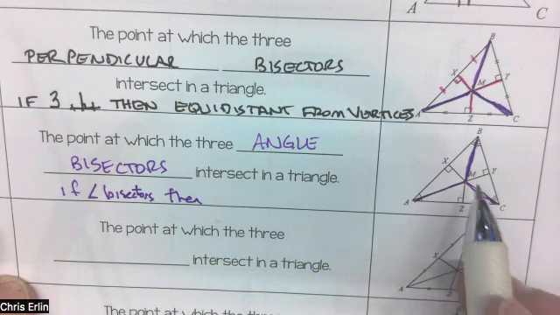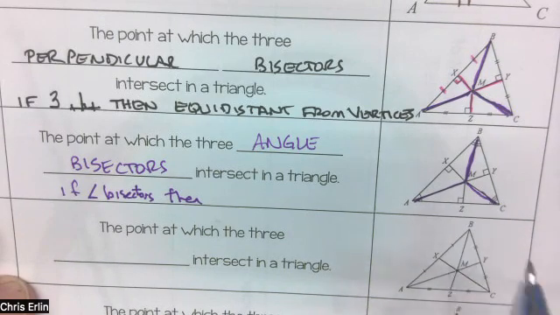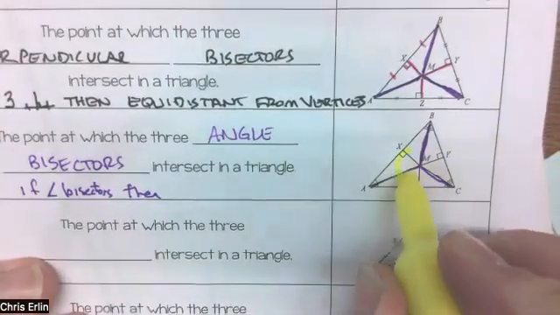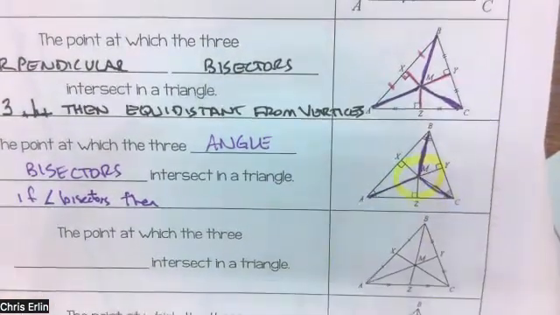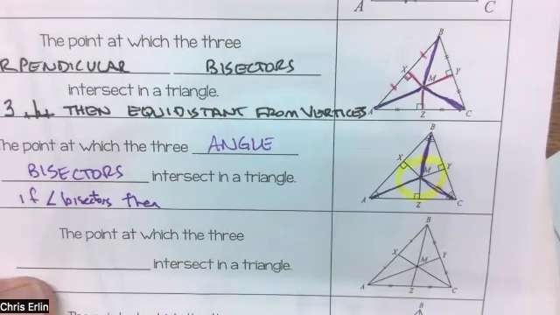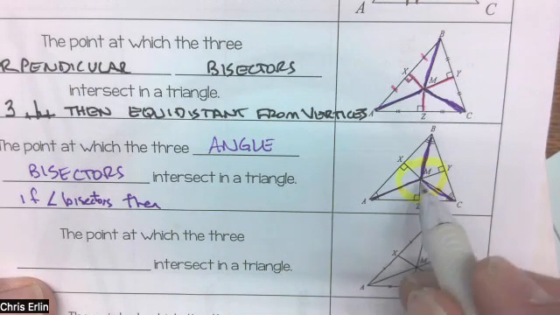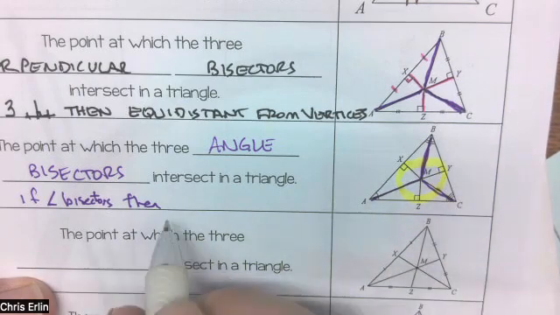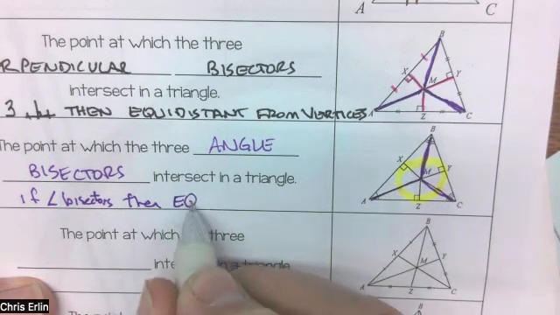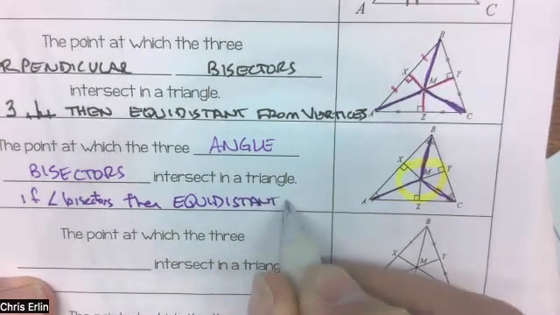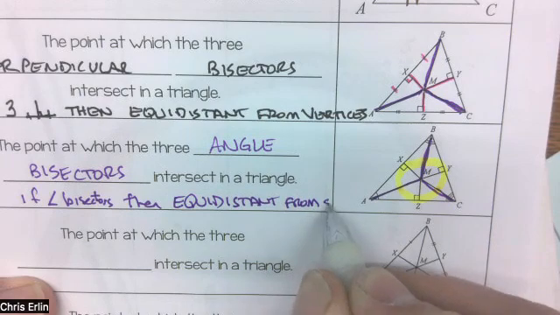What's the result of doing this? Then I should be able to draw a circle along the inside of this thing, because the radius to the three sides would all be the same. Then equidistant from sides.